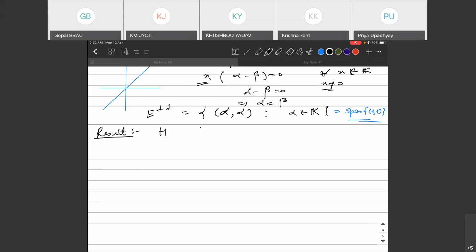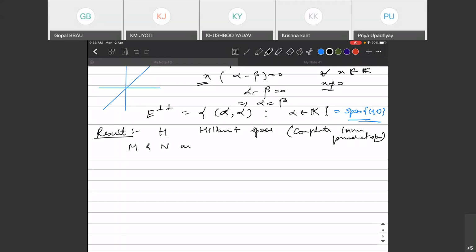You all know what a Hilbert space is. A Hilbert space is a complete inner product space. So if H is a complete inner product space, then it is a Hilbert space.